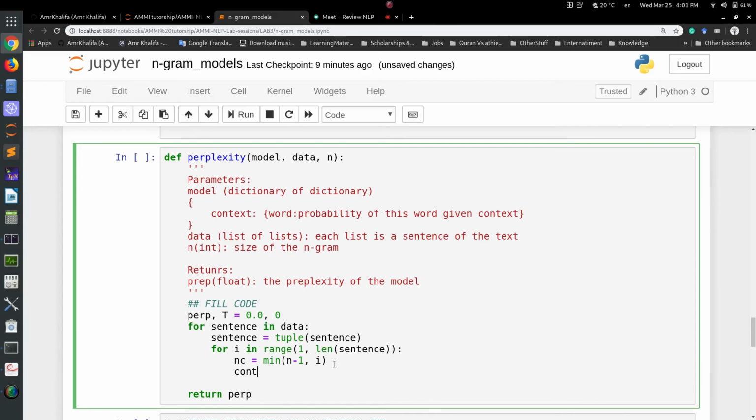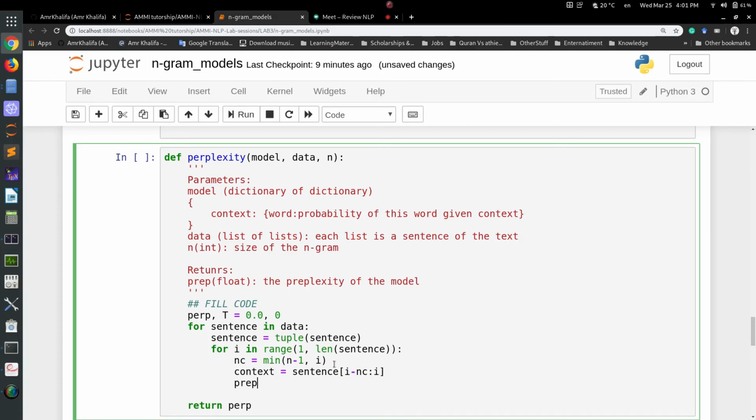So my context is going to be the sentence from i minus nc up to i, and I'm going to add to the perplexity the negative log of get probability, using the model, the context, and the word. The word here is sentence of i.